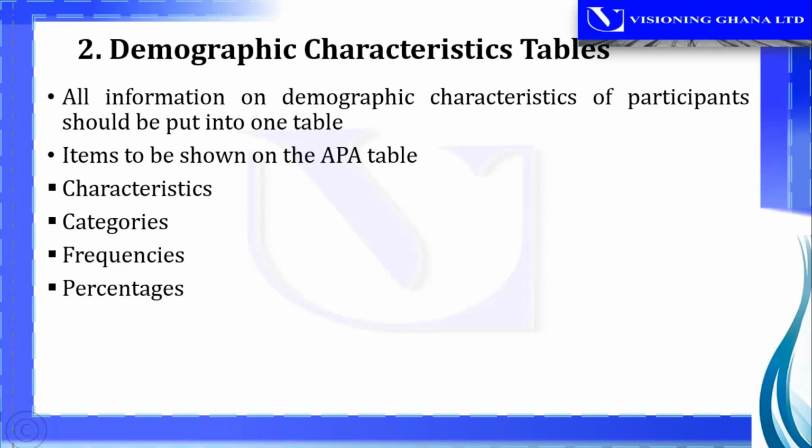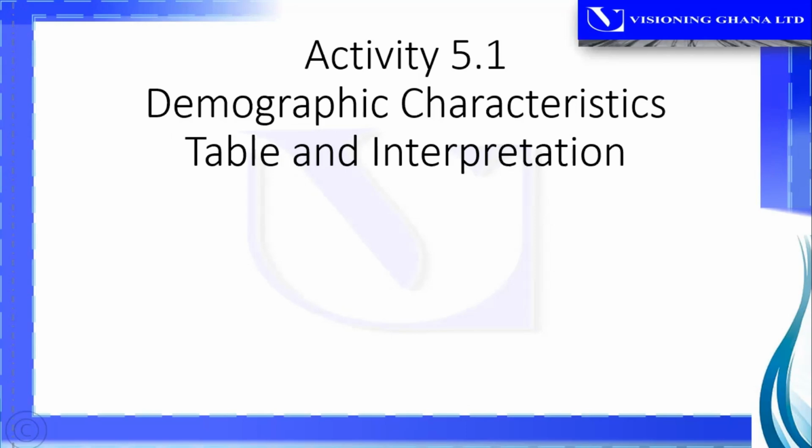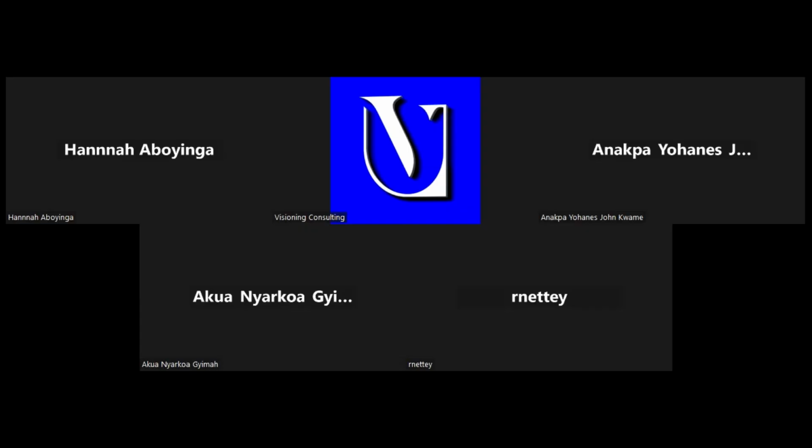So I'm going to do a practical for us to see how it's going to be done. So we're going to do that in Word. So let's go to a Word document.